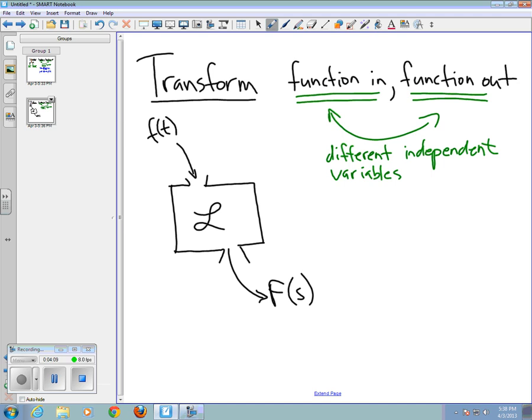Okay, so that's the result when we do the Laplace transform on little f of t. This is the notation we use, and this is how we can think of the Laplace transform. It's a black box, and it takes functions of t and turns them into functions of s. All right, so that's all you know about it right now.